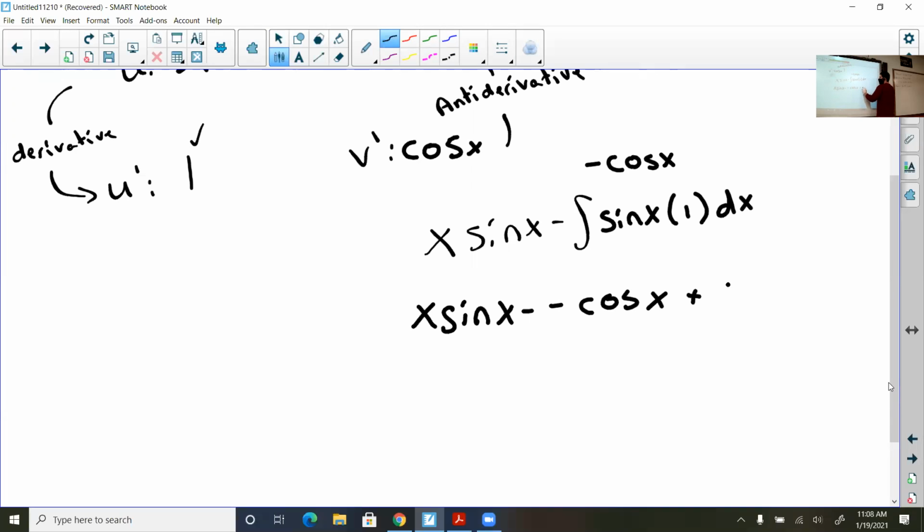And now that I've gotten rid of my integral, I'm going to write plus c. And so x sine of x plus the cosine of x plus c is the antiderivative of the integral of x times the cosine of x dx.